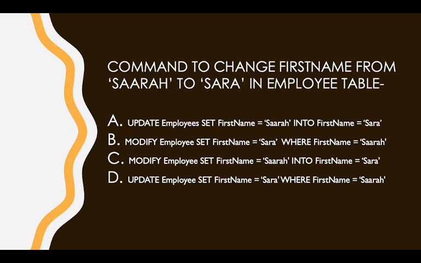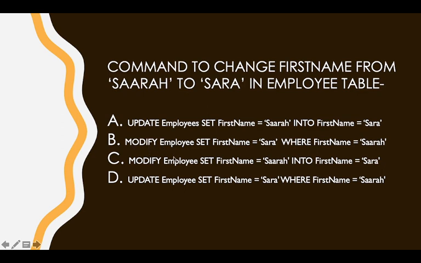So first of all, whenever you are approaching a question, just try this elimination thing. Before finding the correct answer, try eliminating the incorrect answers. Now in this case, we need to modify our existing record, so we are obviously going to use the update command.